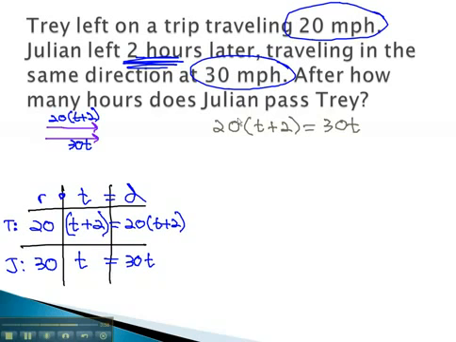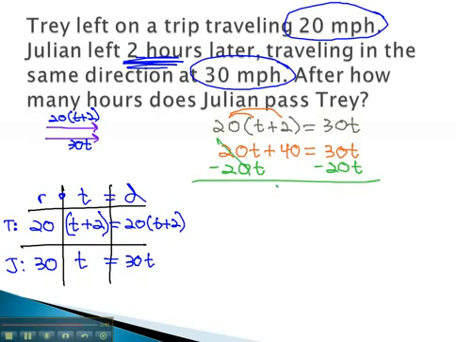We can now start solving this equation by distributing the variable, or the 20, through. 20 times t plus 40 equals 30t. Start by getting the variable on the same side by subtracting 20t from both. This gives us 40 equals 10t.